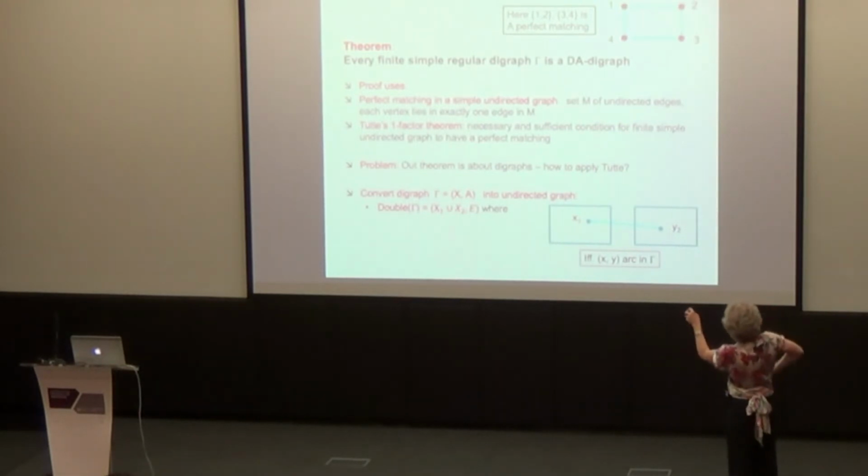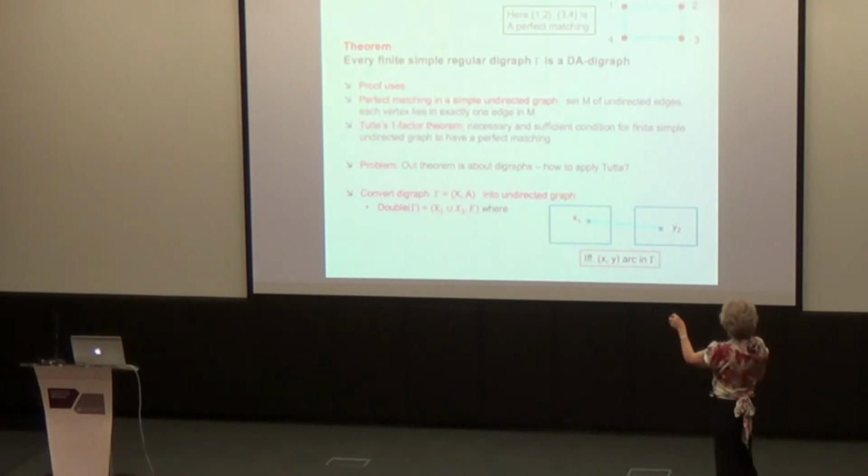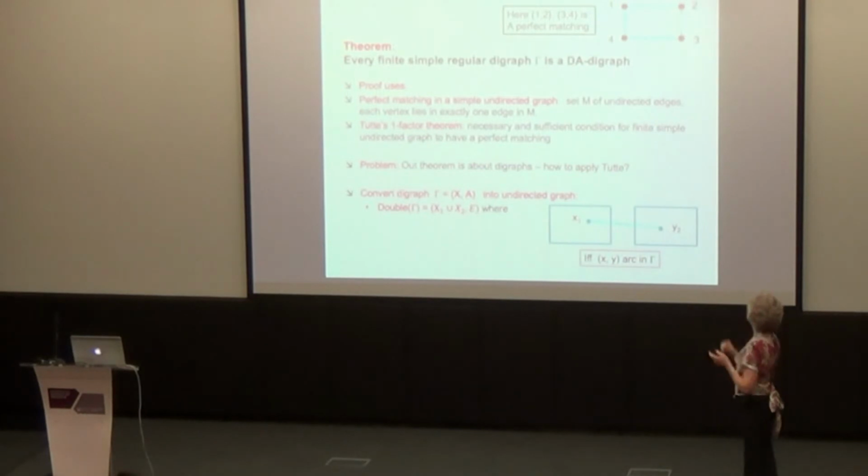A perfect matching in an undirected graph, we'll think of that one as an undirected graph, is a set M of undirected edges such that every vertex lies on exactly one edge. For example, up here, take the edge 1, 2 and the edge 3, 4. That's a perfect matching. So is 1, 4, 2, 3. And Tutte's one-factor theorem gives necessary and sufficient conditions for the existence of perfect matchings in these graphs.